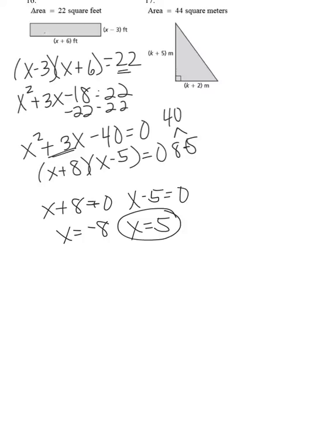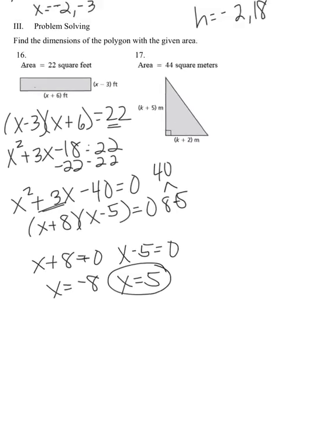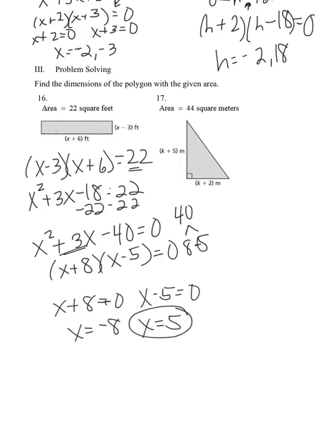When you go back through here and you see you have an actual rectangle, if I plug -8 in for x, -8 here and -8 here, I would get a -11 feet and a -2 feet. That doesn't make sense because our feet can't be negative. So the only answer for number 16 is this positive 5. So it's going to be an 11 by 2 rectangle.